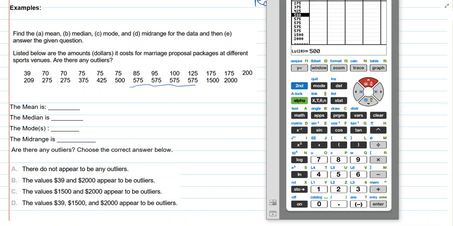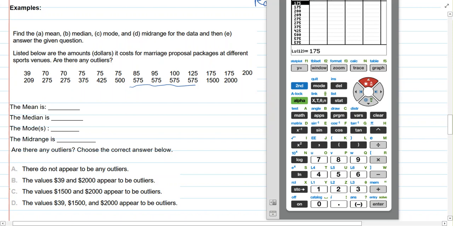Then I have 500, 425, 375. Okay, now I have two of those. That's correct. 209. The 275 is twice. Oops.